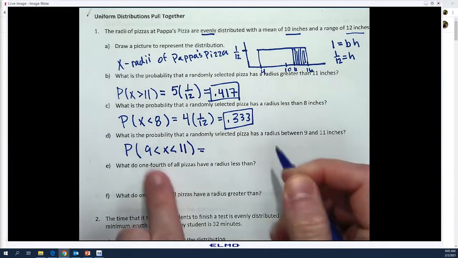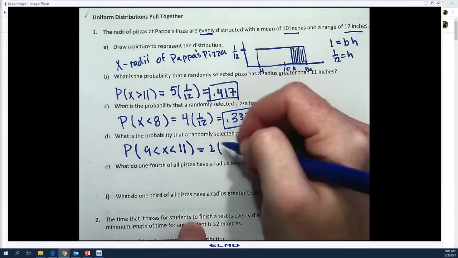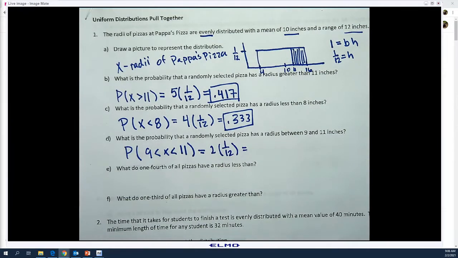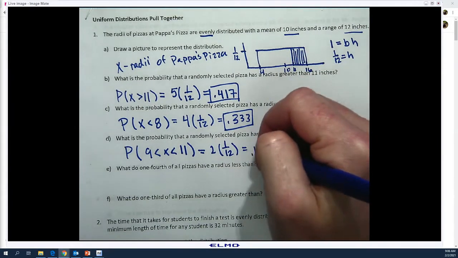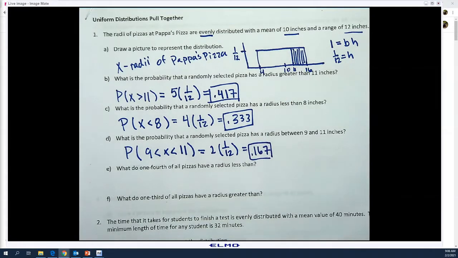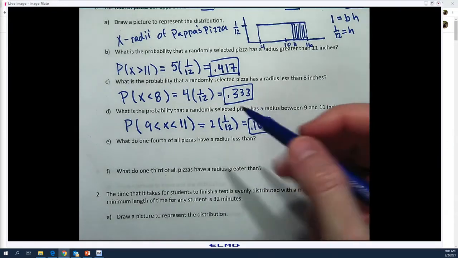So the base between 9 and 11 would be 2 times the height of that distribution, 1/12. That leaves us with 1/6, which is 0.167. These are pretty quick, to be totally honest. There's not much to them. They're just areas of rectangles.